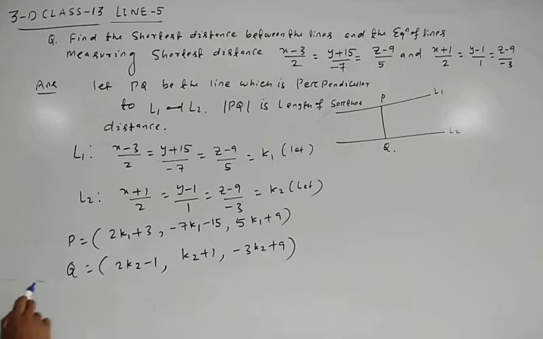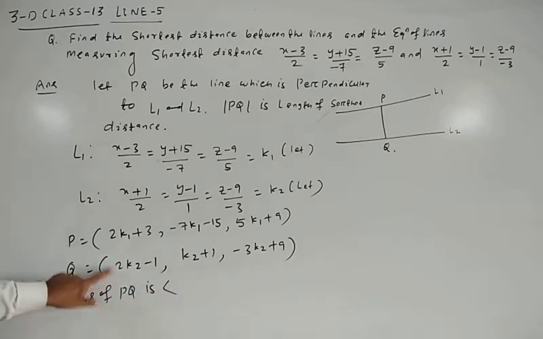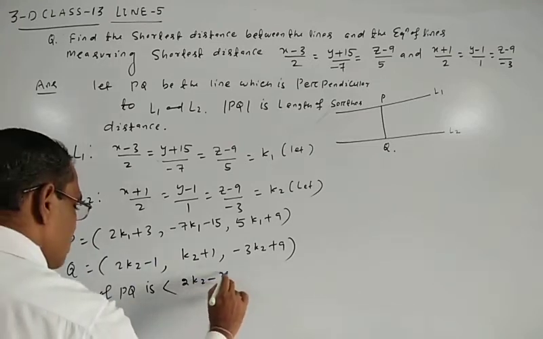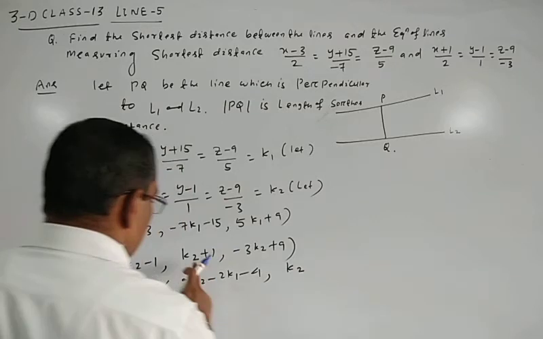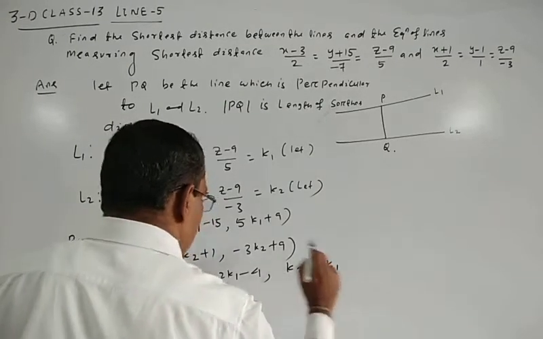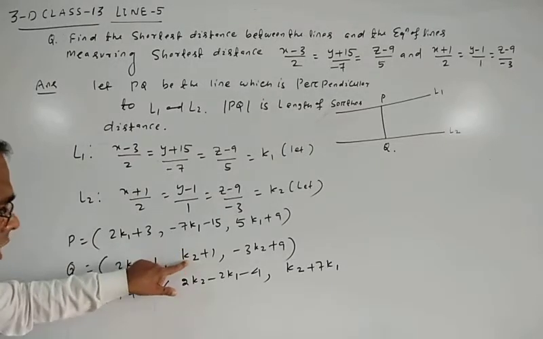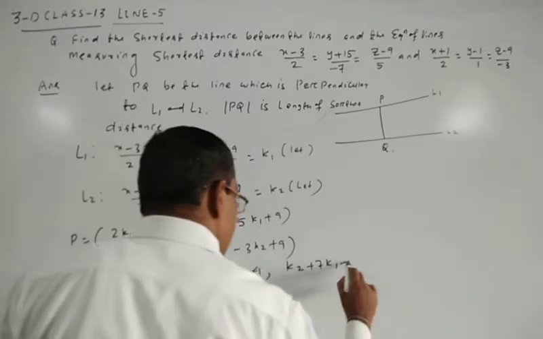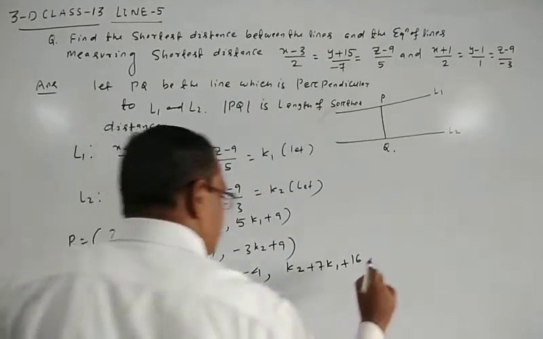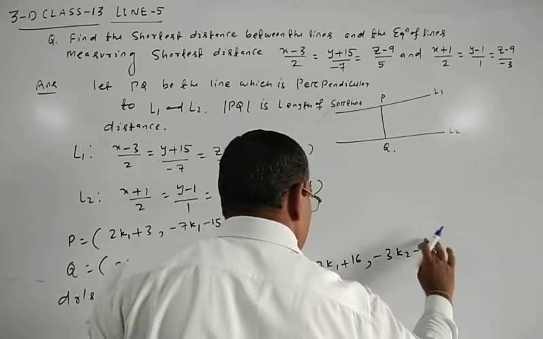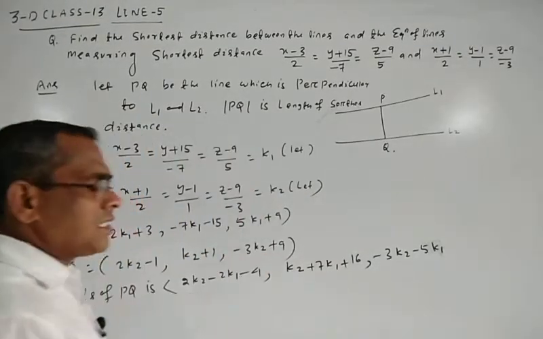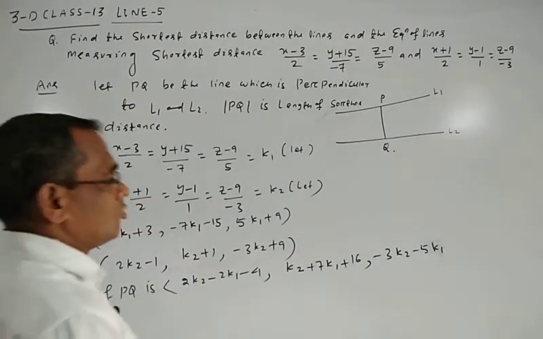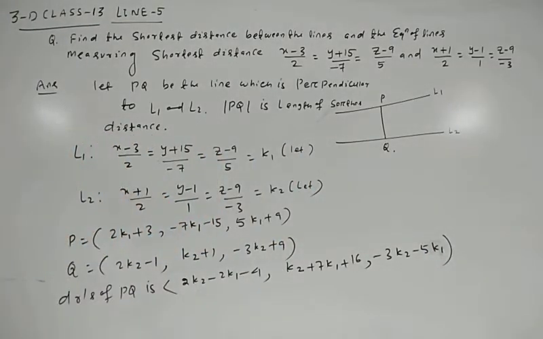Next you have to find the direction ratio of PQ. Direction ratio of PQ is final minus initial: 2K2 minus 2K1 minus 4, K2 plus 7K1 plus 16, and minus 3K2 minus 5K1 plus 9 minus 9, which is 0.